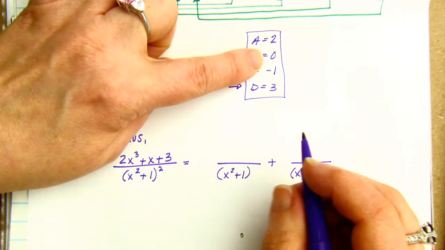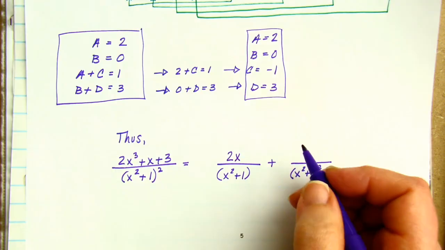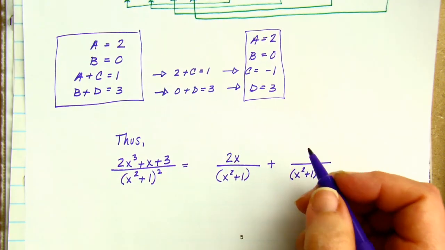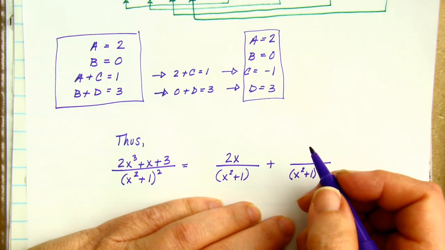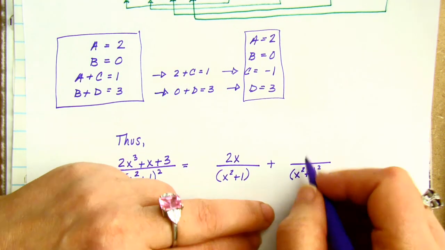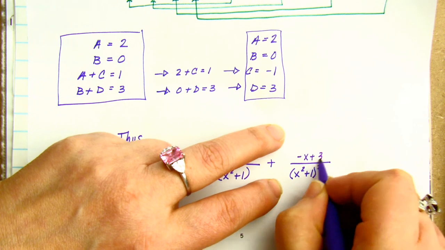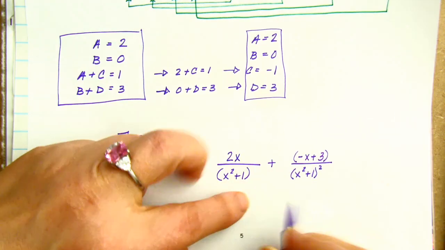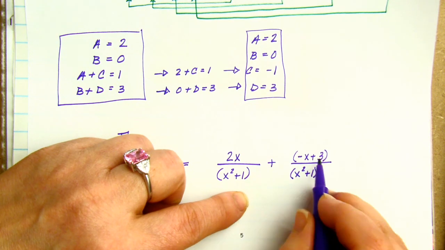A x plus b, well, b is 0. So I'm not going to write it. It's 0, right? Cx plus d goes over here on top of this fraction. Cx plus d, well, that's a negative x plus 3. Folks, and this is a quantity, so be careful not to pull this out. If you pull this negative out here to subtract, then you have to change the sign of that as well. So keep that in mind.